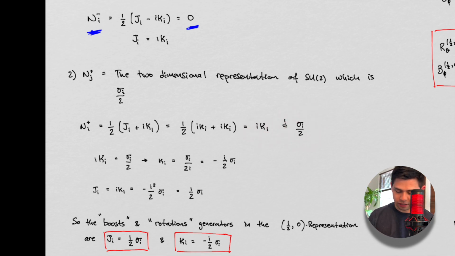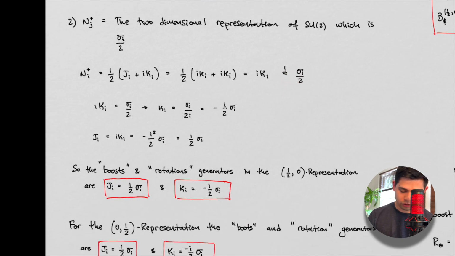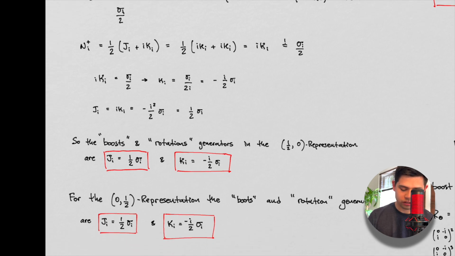Because again, this exclamation mark is by definition. And so then we take these two guys, just move them here, and do a little bit of algebraic manipulation. When we do that, we find that Ki, this generator, is equal to the negative of the Pauli matrix divided by 2, and we have this i here.